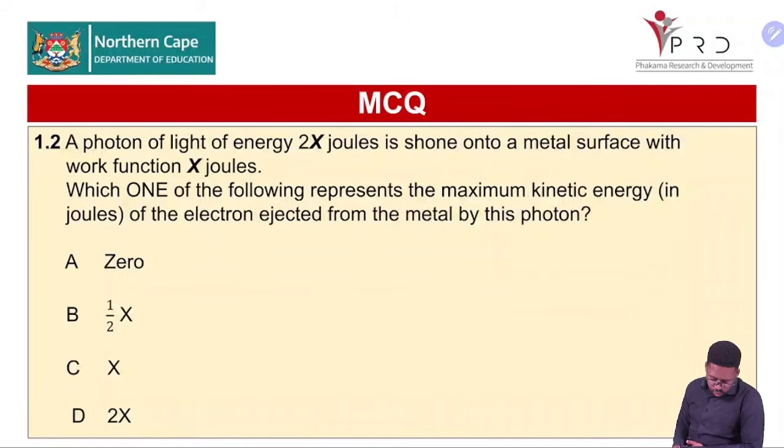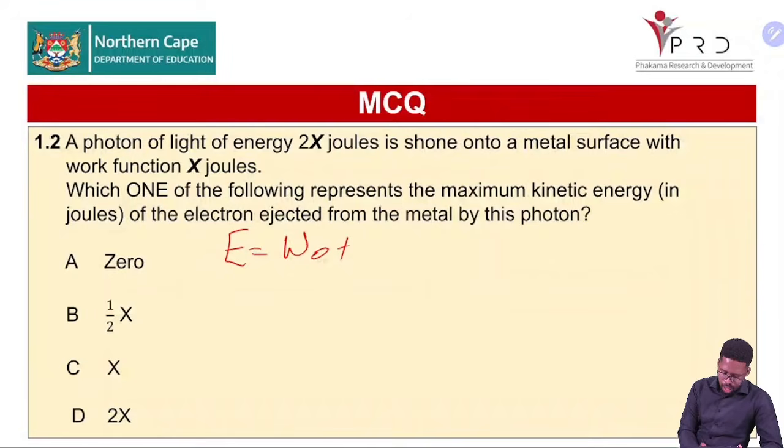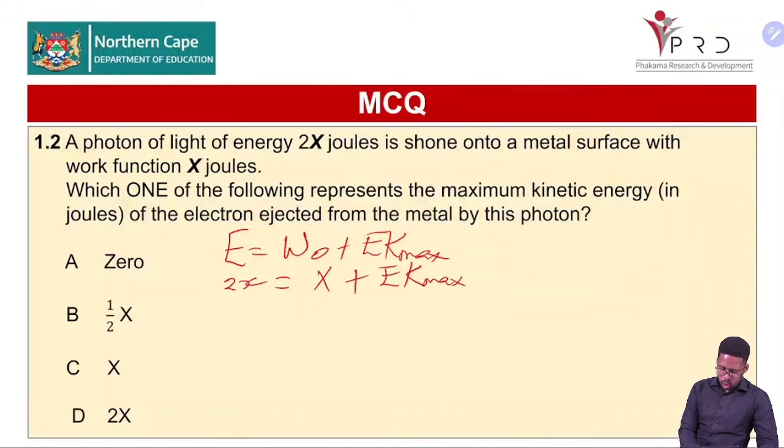Which one of the following correctly represents the maximum kinetic energy? So I think we must write the formula. Energy is equal to work function plus EK max. We are told that energy is 2x, and we are told that work function is x. So we want to know which one best describes EK max.